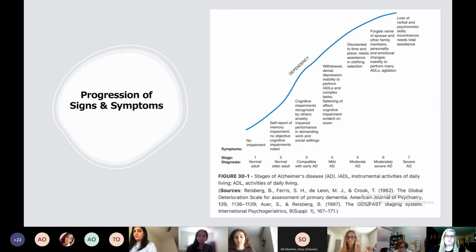All right, did someone else? Amber, were you going to say something? Yeah, I was just going to say this chart is so helpful. I remember in my first clinical, I had a patient in the hospital, and she was diagnosed with Alzheimer's disease in her chart, but she had no issues at all.